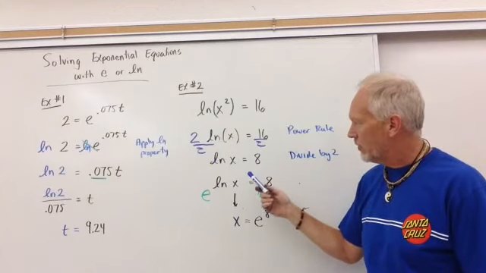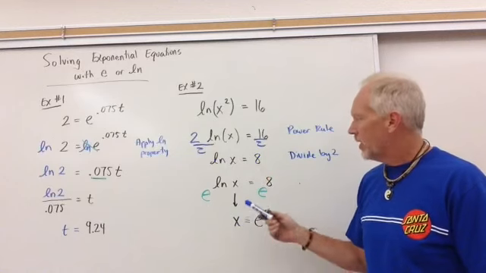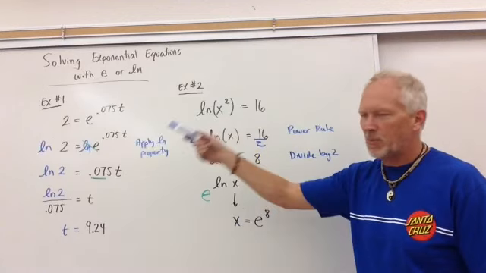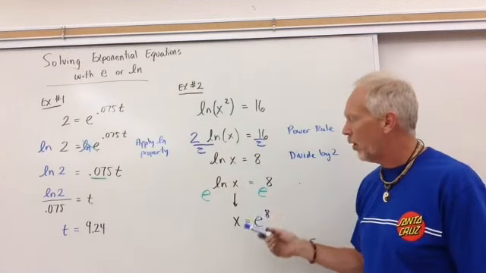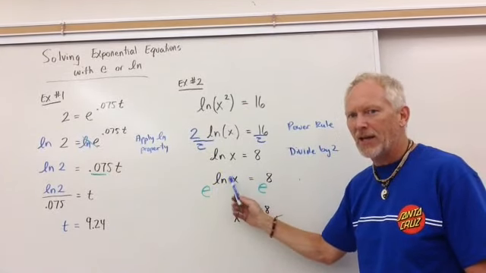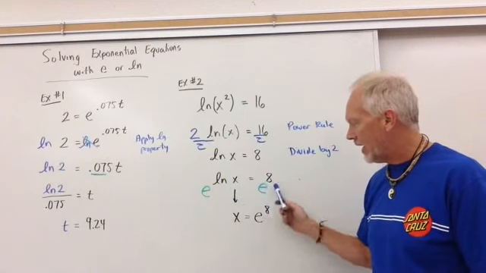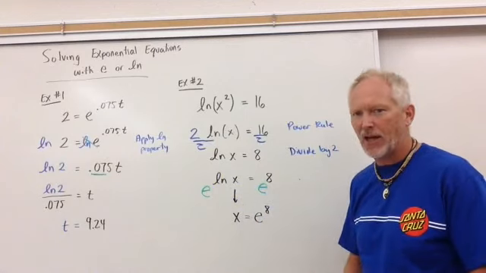And so now we're trying to ask ourselves, e to what power is x? We can rewrite this in exponential form and get the answer, or we can apply a base e to both sides, making it all look like it's raised to a power, and we get e to the 8th, and so x is e to the 8th.